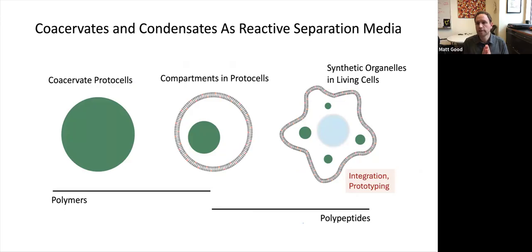But for today, what my lab focuses on is using peptides or proteins, which offer this additional benefit that they're a polymer. You can make coacervates, but they can also be genetically encoded so that they can be expressed in living cells so that you can self-assemble these materials or compartments. And the same is true in protocells, for example, with transcription-translation extracts.